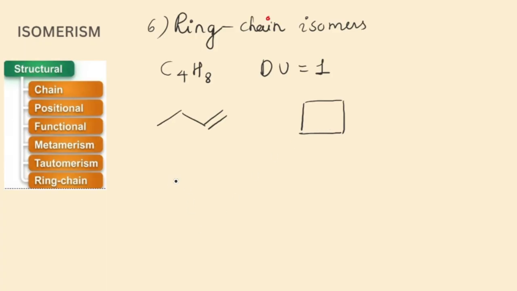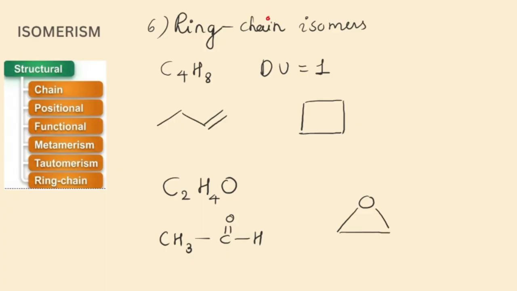That's why. Let's take one more example with a heteroatom. Say C2H4O, the heteroatom here is oxygen. So either you can write it as CH3CHO, which is nothing but ethanal, an aldehyde, or you can write oxygen as a part of a ring. And what do you call this?